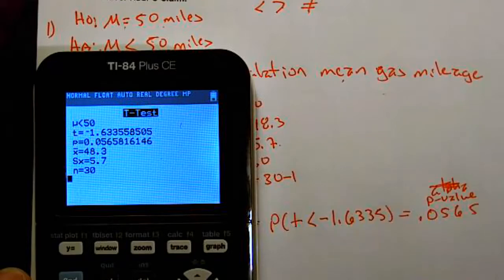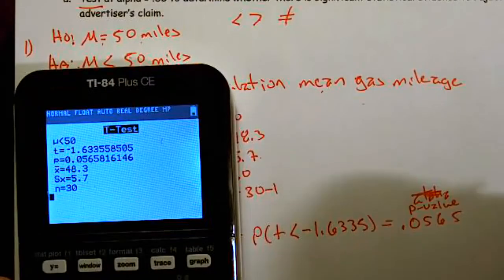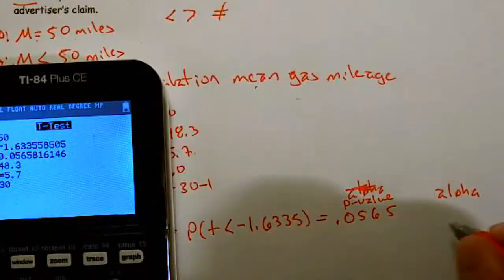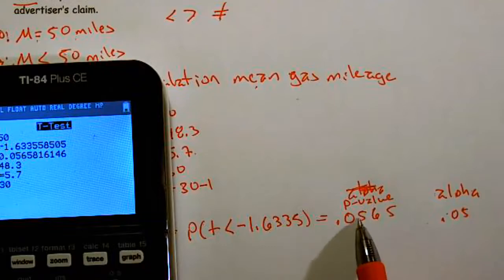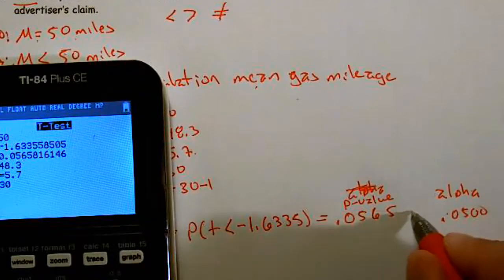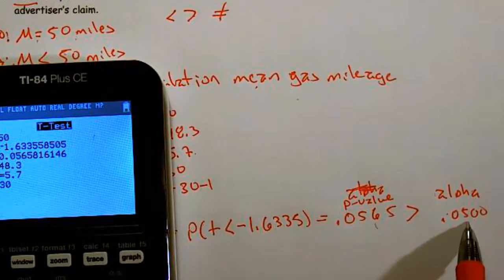So we've got my p-value, and they said use an alpha of 0.05. So here's alpha, 0.05. Always make these the same size. So this has 1, 2, 3, 4 places, so I need to add 2 zeros. And I see 565 is greater than 500.